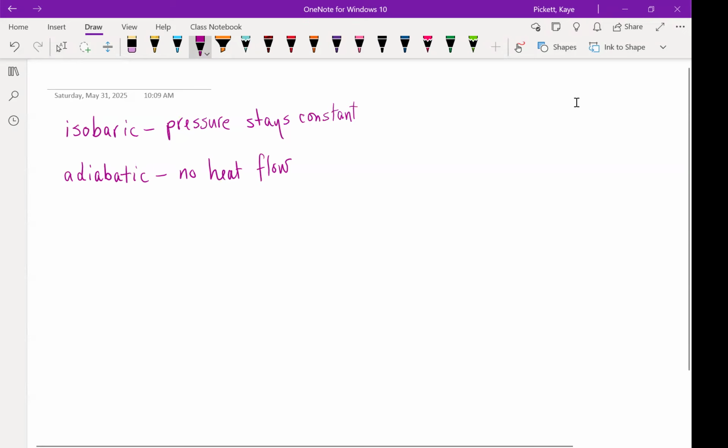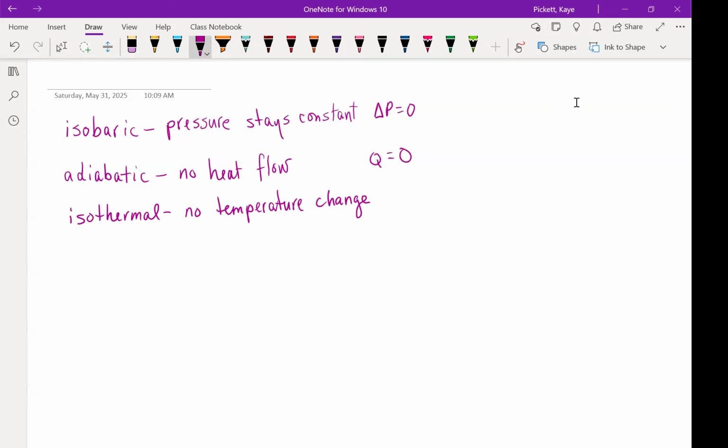Okay. The next one is isothermal, which means there's no temperature change. So isobaric, delta P equals 0; adiabatic, Q equals 0; isothermal, delta T equals 0.